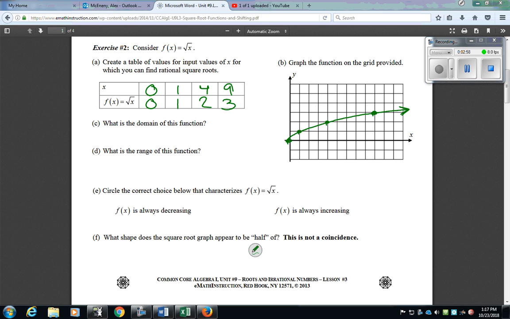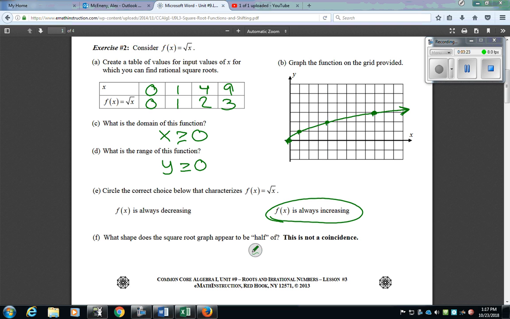Now the domain for this function is going to be any x value that's greater than or equal to 0. And kind of the same thing with the range. You'll notice that this graph is always increasing as we go to the right, so positive x, and it's always increasing up as we go on the y-axis.